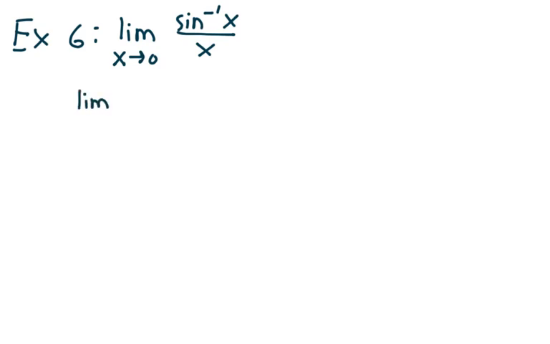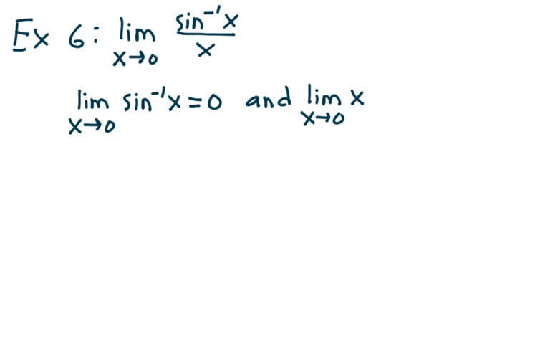So the limit as x goes to 0 of arc sine x is 0, and the limit as x goes to 0 of x is also 0. So you notice this limit has the indeterminate form of type 0 over 0, right? So let's write that down.